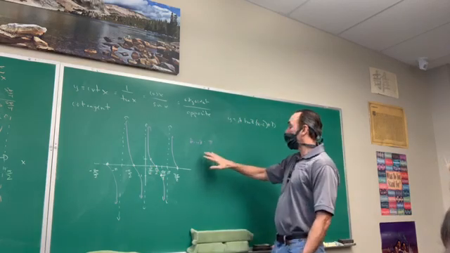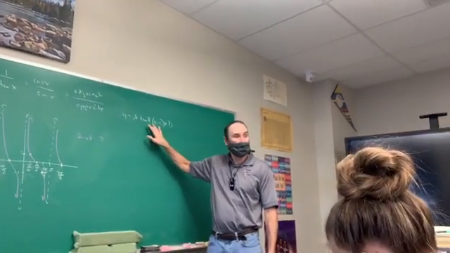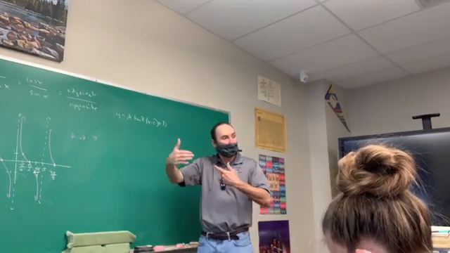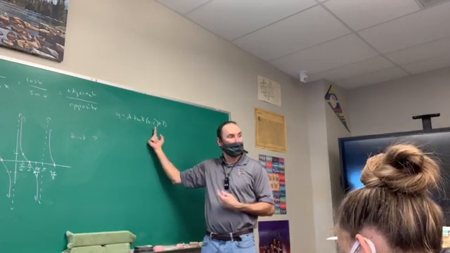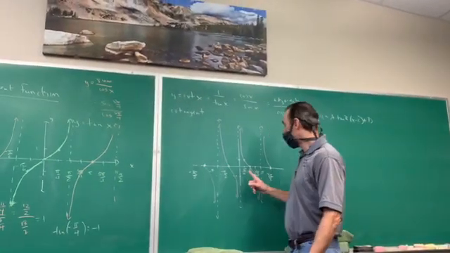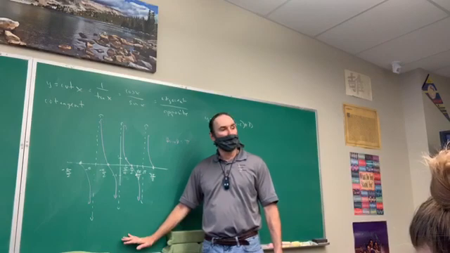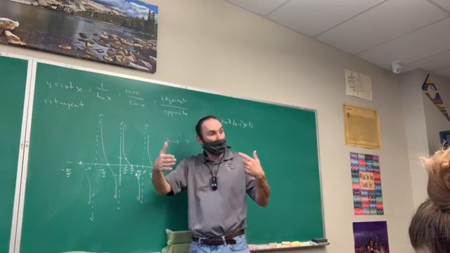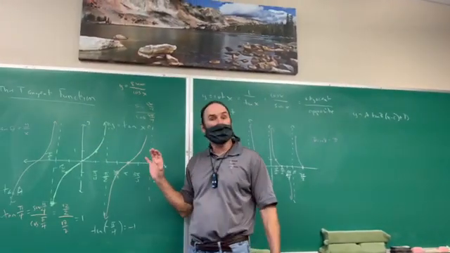We're still going to get our period by taking, instead of 2 pi divided by b, pi divided by b. We'll determine our critical point. We're still going to factor to find the starting point. The starting point in the case of a tangent is going to be in the middle. The starting point in the case of a cotangent is going to be an asymptote. We'll still have to figure those critical points, and from that starting point, we're still going to have to get 5 markings on here.